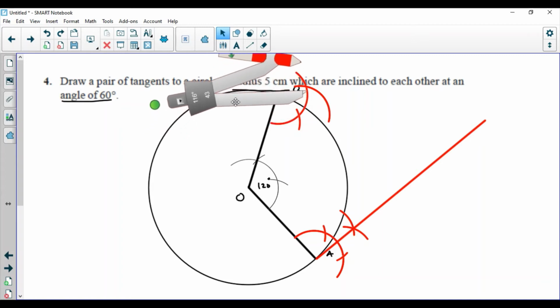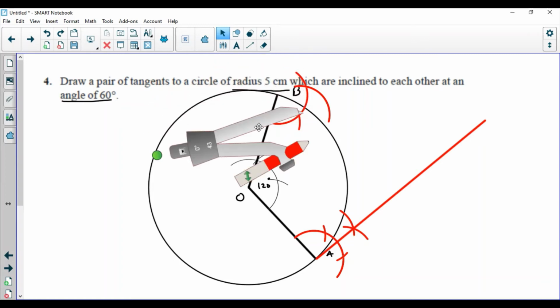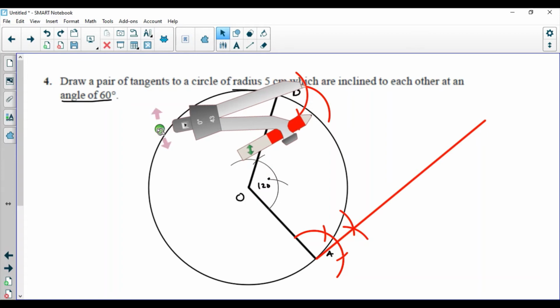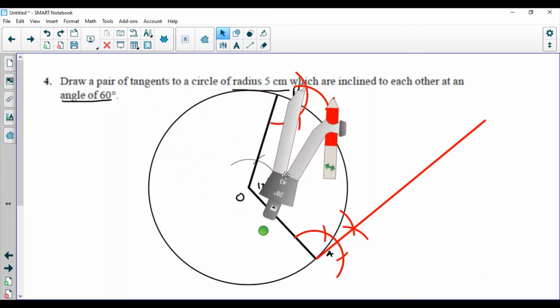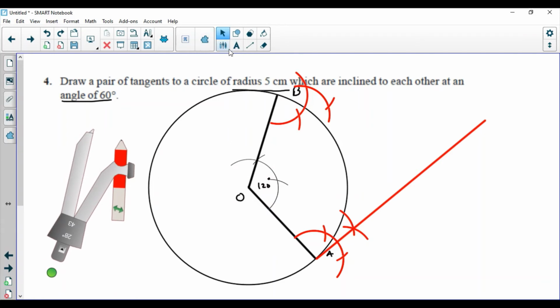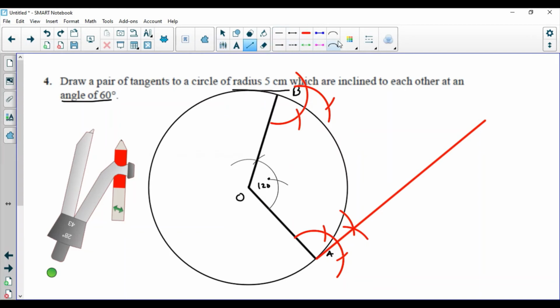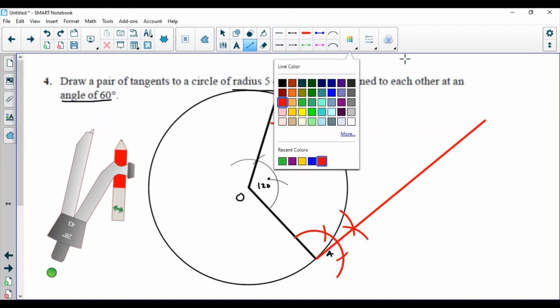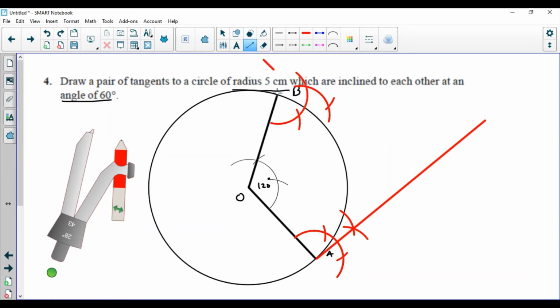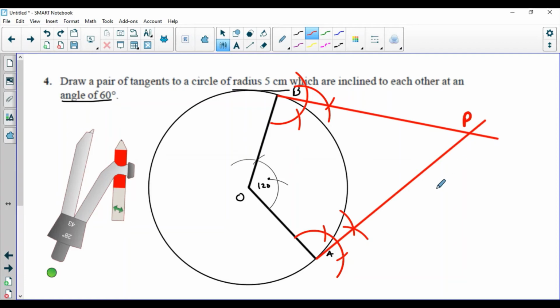Okay, now we'll bisect this, isn't it? Bisect 60 and 120 to get 90 degree. So this point and this point we have to join actually. Okay, so these two lines will meet at one point. Let this point be P. So this will be our 60 degree.